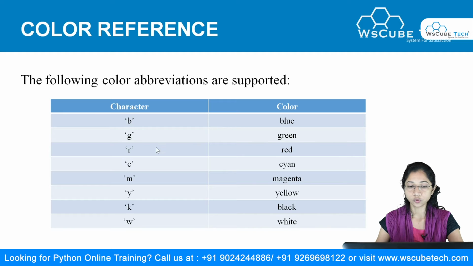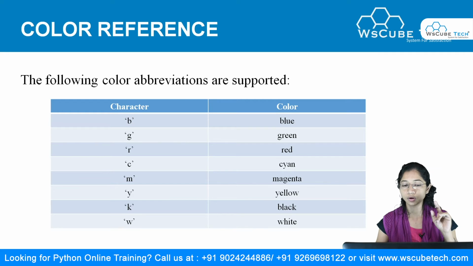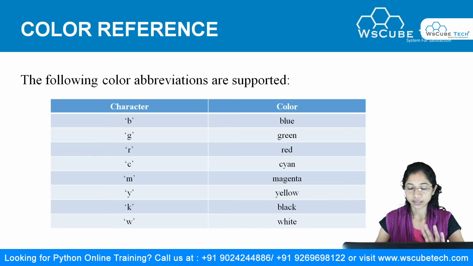So B stands for blue, then we have G for green, R for red, and cyan, which is somewhat like blue, but it is not exactly blue. We'll check that color out. Then we have magenta for M, then yellow, then black, and white. So these are nothing but the color references.